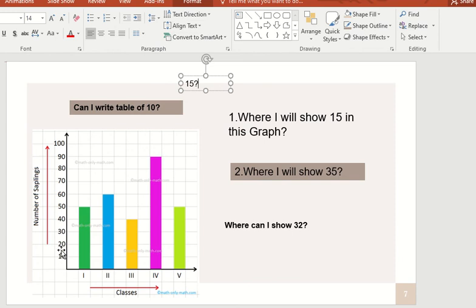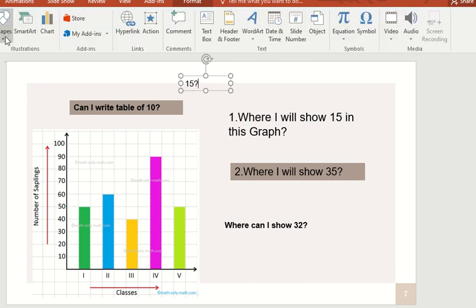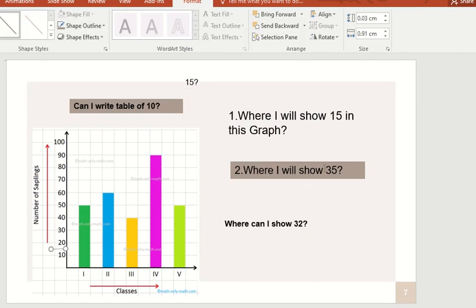Yes, between 10 and 20, it will be in the center, in the middle. So we can insert a line here and show that this is the line of 15, which is the middle of 10 and 20. So where will I show 35? Between 40 and 30, of course.